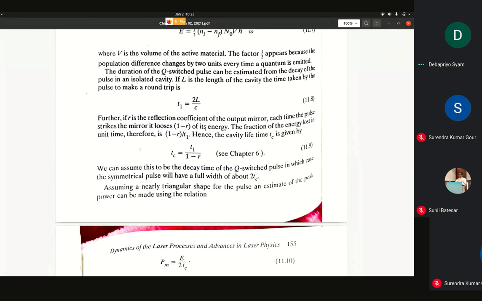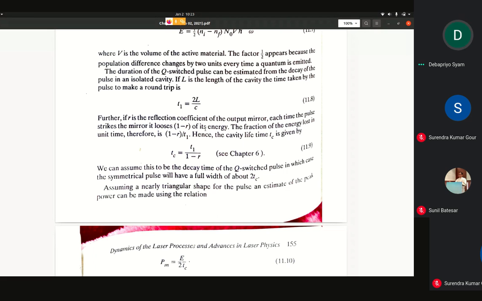So if the duration of the pulse is twice Tc, what is the delivered power? That is given in the next page. That is Pm equal to E by twice Tc, where E is equal to half of (Ni minus Nf) times capital N0 times V times h cut omega. So that is an estimate of the power delivered during the occurrence of the pulse.